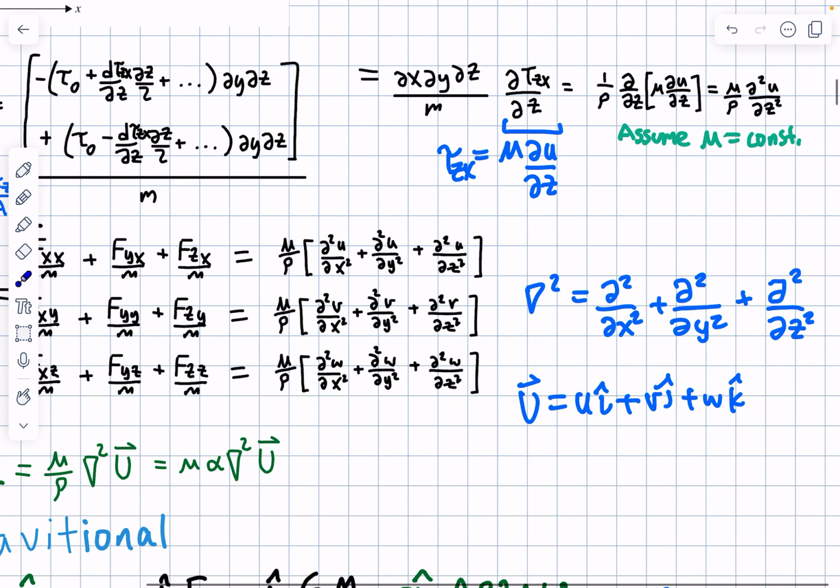Again, here's what we just discussed about the u vector. So we can see that these terms in the brackets here are just equal to the Laplacian of u.